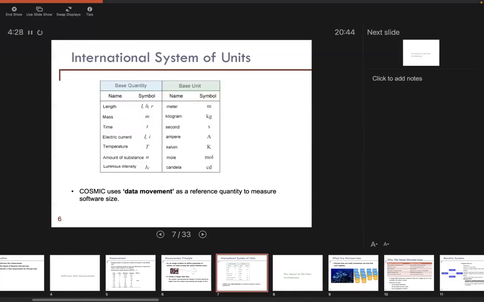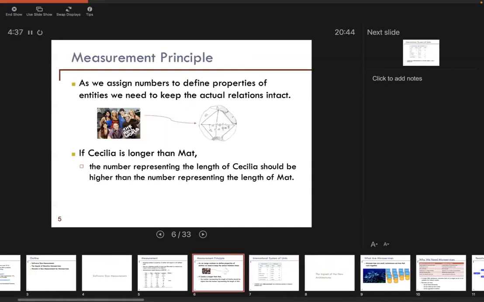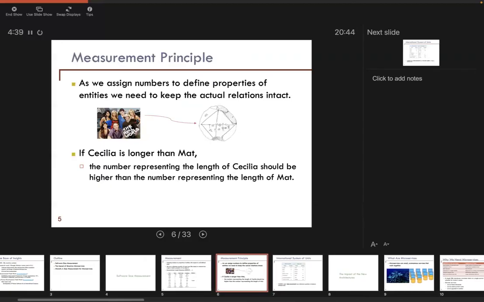Most of the time, software organizations use measures like story points and use case points and things like that. This basically does not fit into this simple measurement principle.